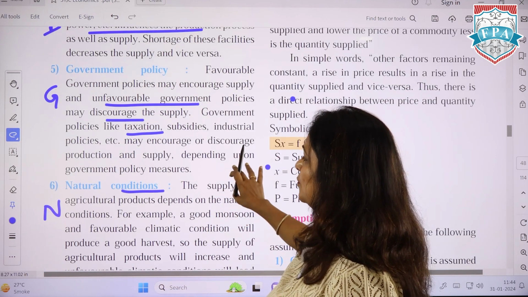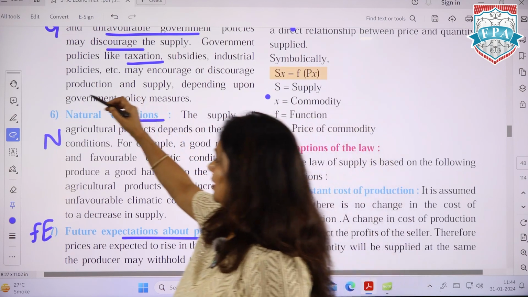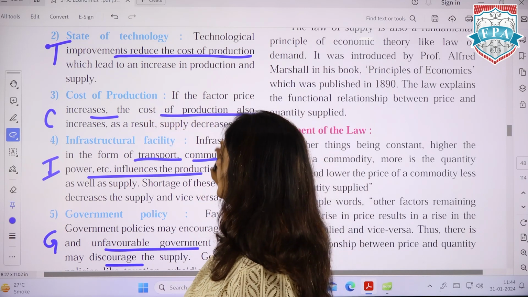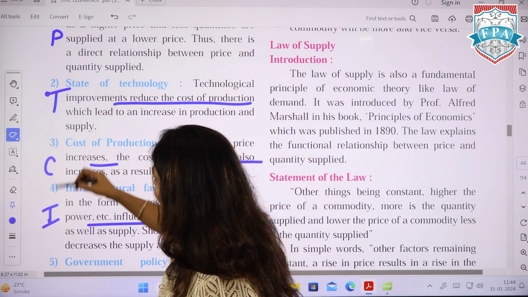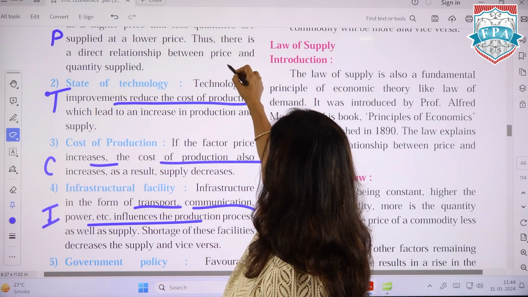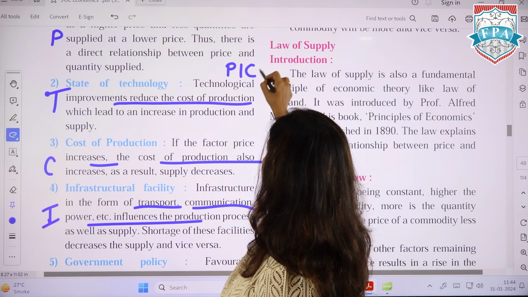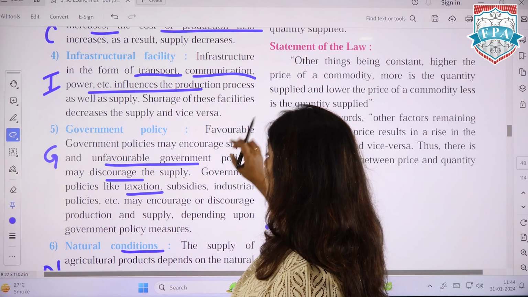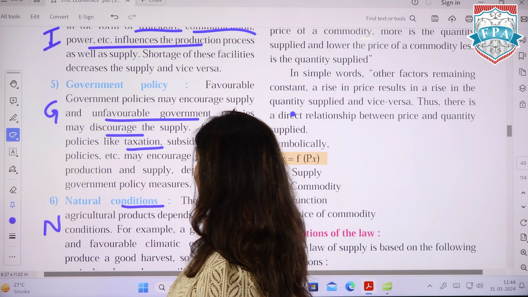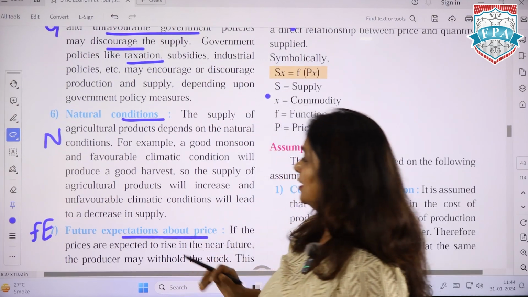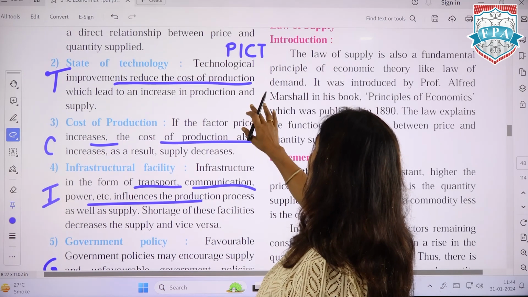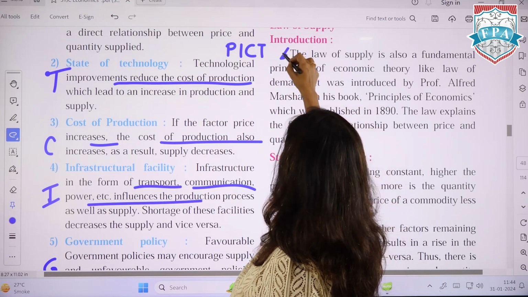So can we make some word out of it? Yes. So there is PICT, I was trying to make a picture out of it. So PICT and GENF.